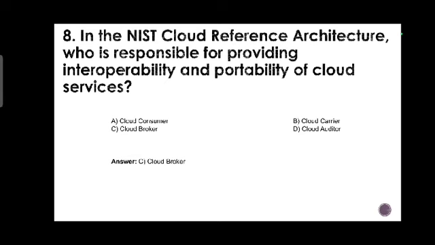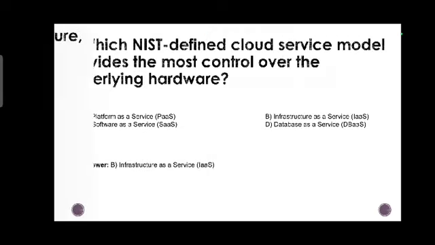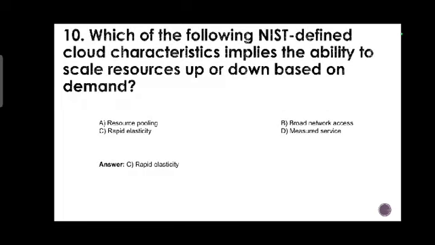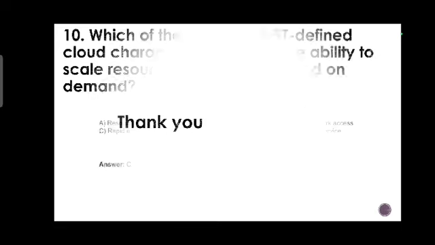C. Cloud broker. Which NIST defined cloud service model provides the most control over the underlying hardware? B. Infrastructure as a service. Which of the following NIST defined cloud characteristics implies the ability to scale resources up or down based on demand? C. Rapid elasticity. Thank you.